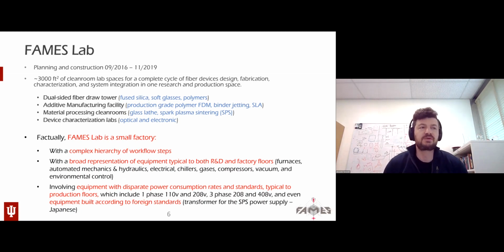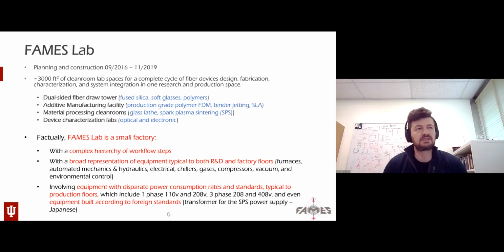We have a broad representation of equipment typical to both R&D and factory flows, which include high temperature, high power furnaces, automated mechanics and hydraulics, different types of electrical, chillers, gases, compressors, vacuum systems, and also sophisticated environmental control that is designed to make this lab perform as a clean room.